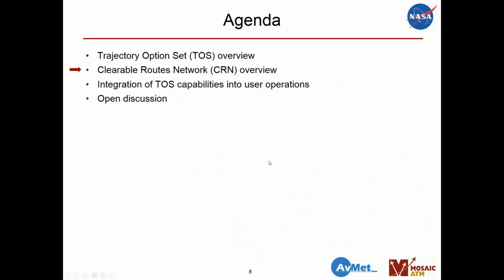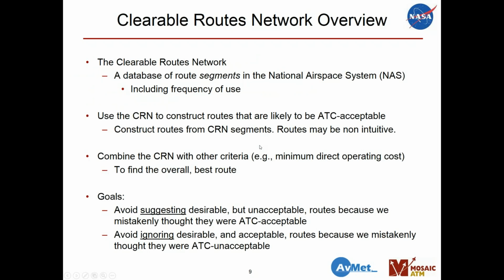But what we want to talk about primarily today, with that as background, is the research that we're doing on how to generate alternate routes within the trajectory option sets, and this is what we're looking for some feedback on.